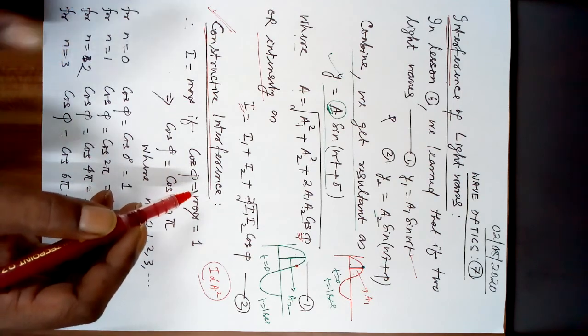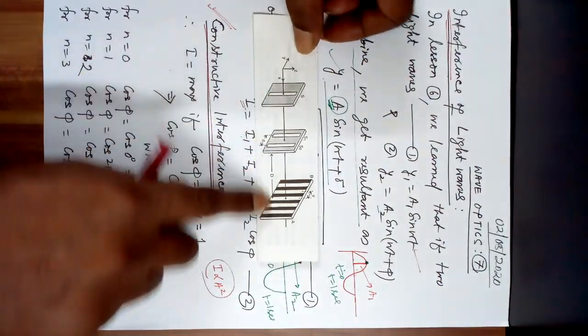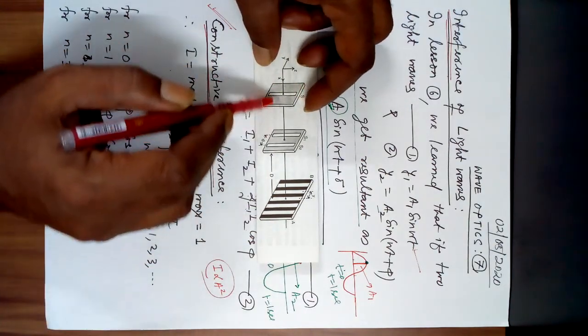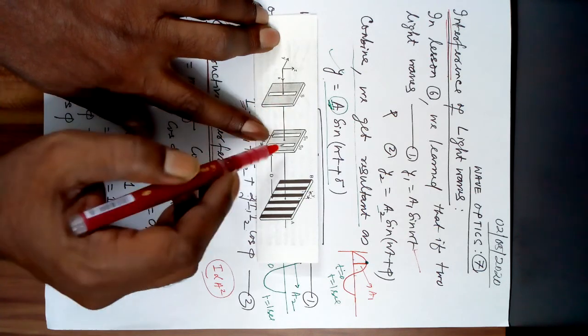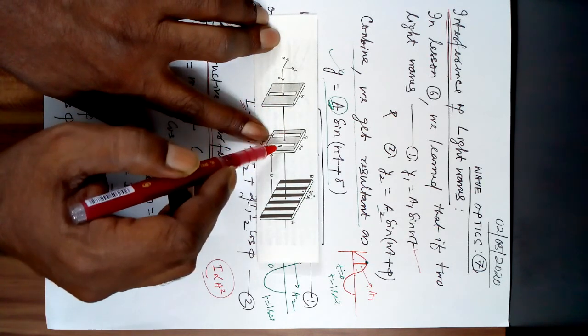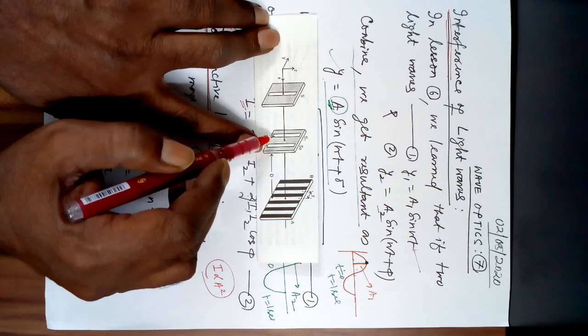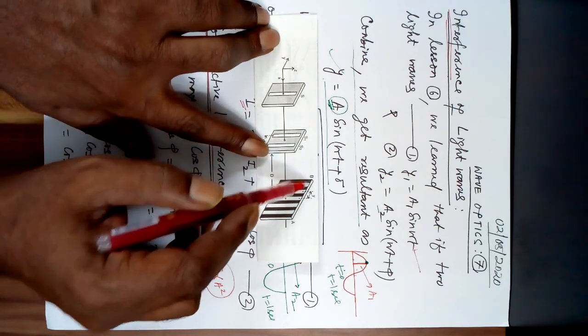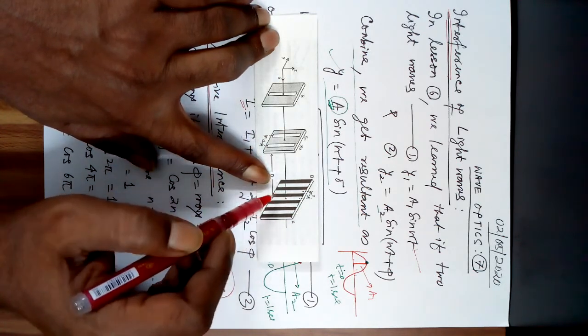If you see dark patches, I will explain that in this diagram a little later. So how is this light wave traveling through this opening? There are two openings here, meaning narrow slits. When they pass through this opening S1 and this opening S2, this is a screen. On the screen you see white patches and dark patches.